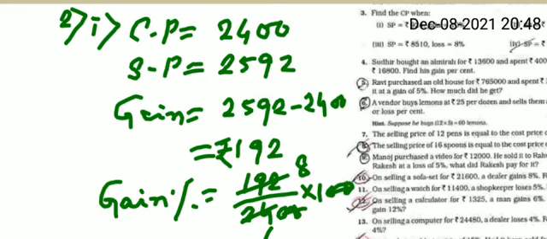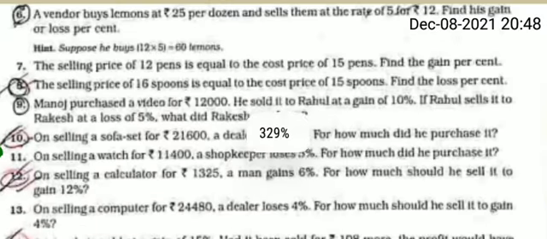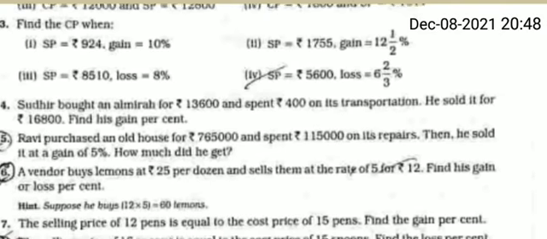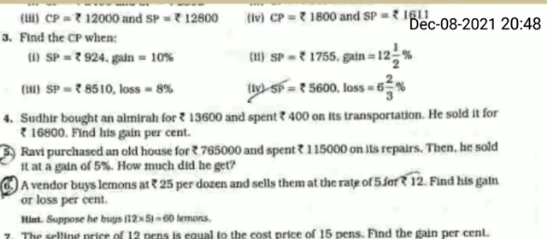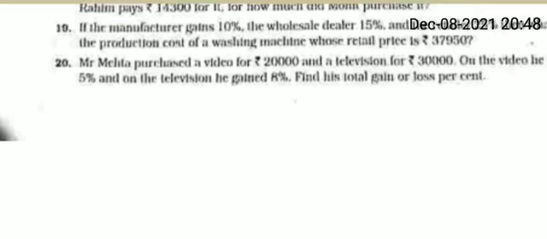Now next, question number 3. In question number 3, you can see here, find the CP when selling price and gain percent are given. So I am going to show question number 3, part 1.